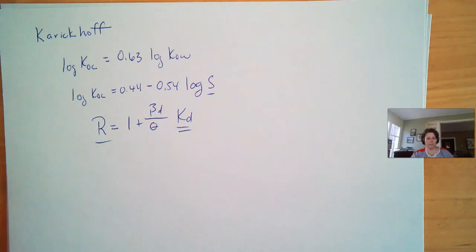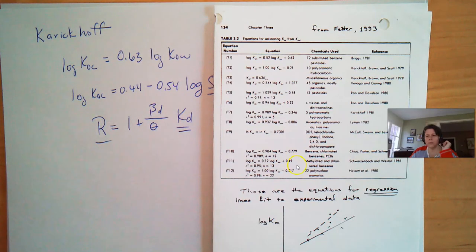I don't have my new Fetter book here, but this is from the old Fetter book, the 1993 version. If we want to figure out KOC, and you can look this up in your book, people have come up with estimations of how to estimate KOC from KOW. They used a whole bunch of different chemicals and came up with different equations.